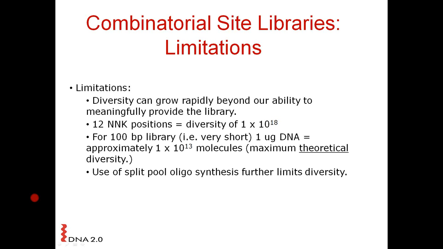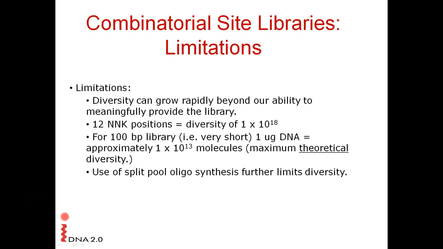For example, we had one customer that wanted a library with a diversity that he, or she, specified at 10 to the 57th power. And that would require more molecules than are on the entirety of the Earth. So we'll talk to you about whether we can actually provide the specificity that you're trying to get.